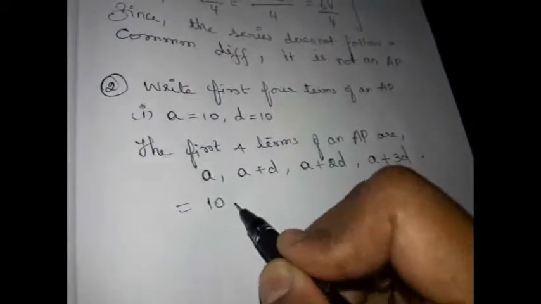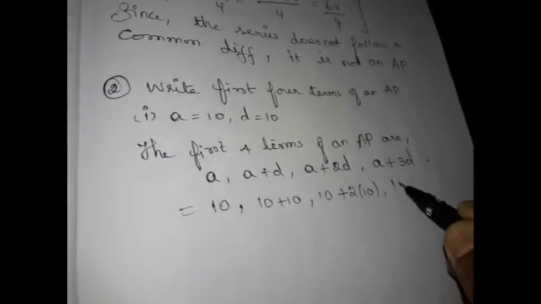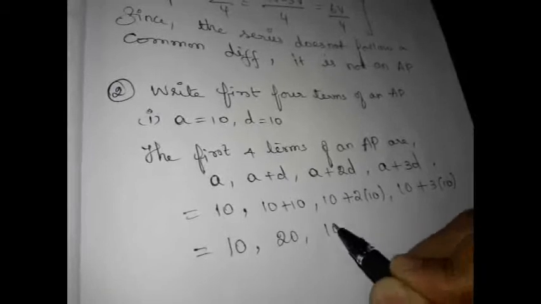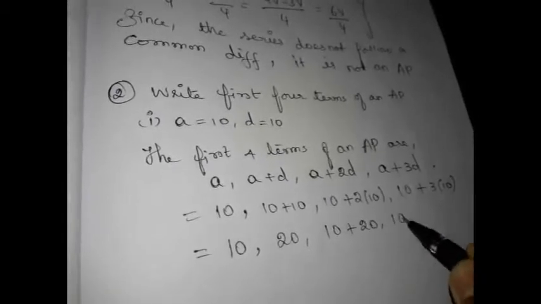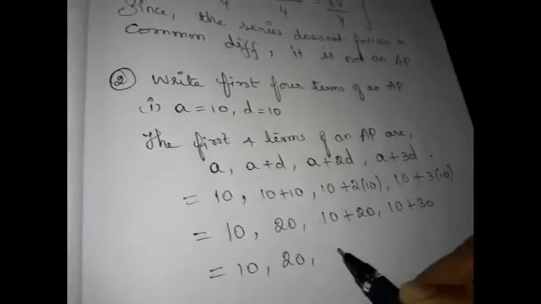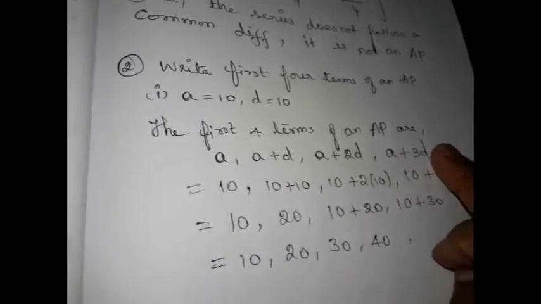So 10, 10 plus 10, 10 plus 2 into 10, 10 plus 3 into 10. Which is nothing but 10, 20, 10 plus 20 and 10 plus 30, which is nothing but 10, 20, 30 and 40. Therefore the first 4 terms of an AP are 10, 20, 30 and 40. The AP goes like this and these are the first 4 terms, right?